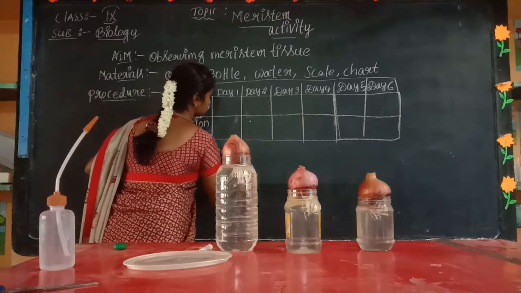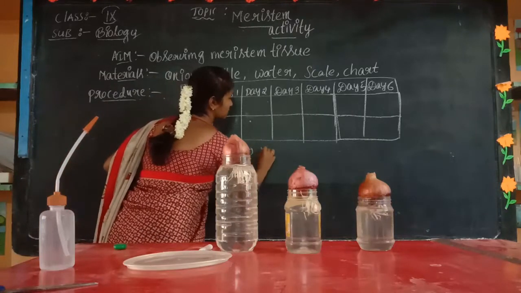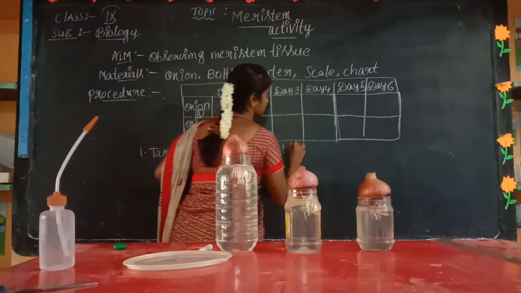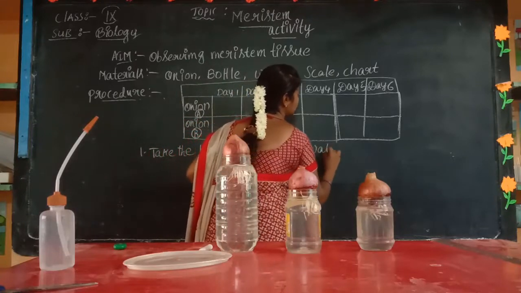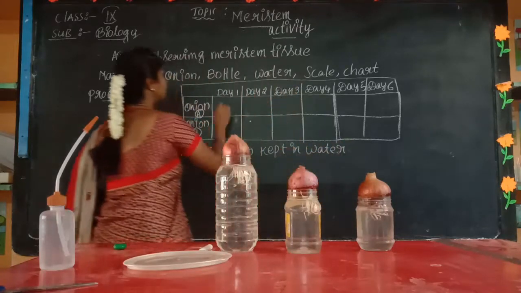Next, take the 2 onions, keep them in water and observe on day 1.